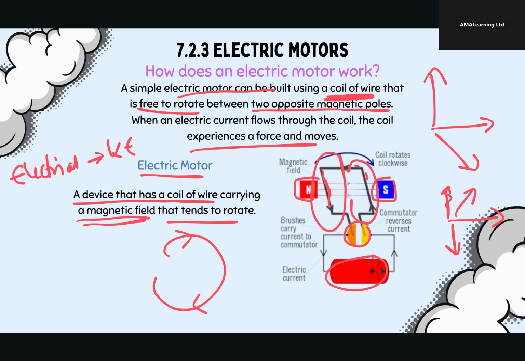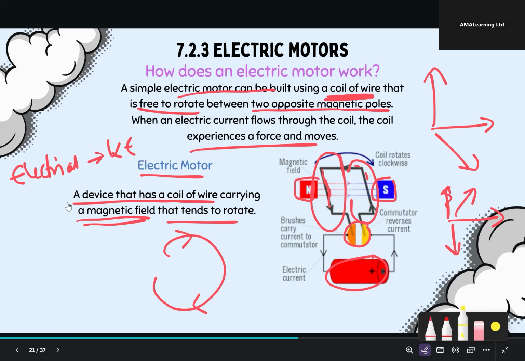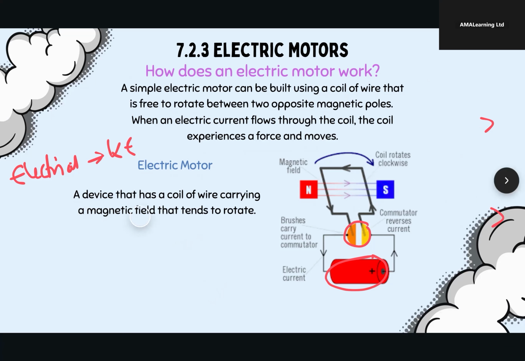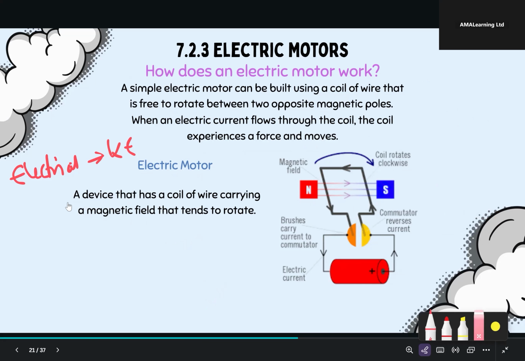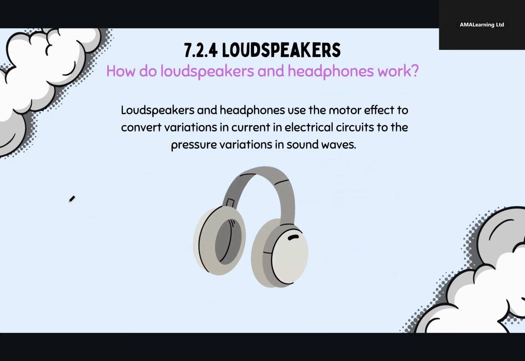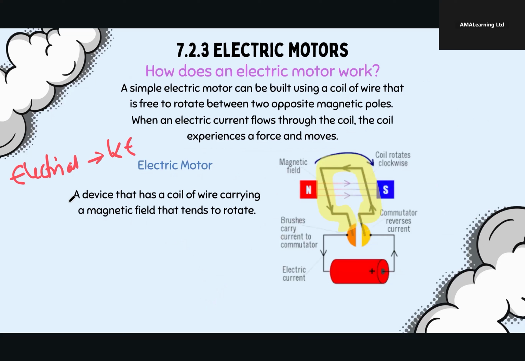as we can see. Let me just remove my bits of drawing first. So the coil carries electric current. The coil is sitting in a magnetic field, which is going north to south. So you can see how that coil is in the magnetic field.